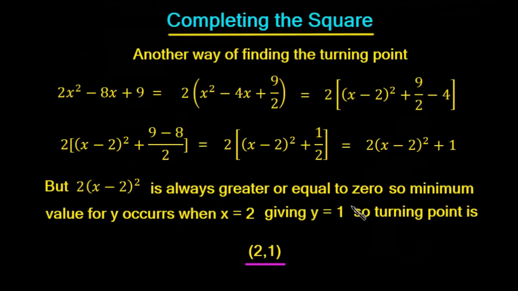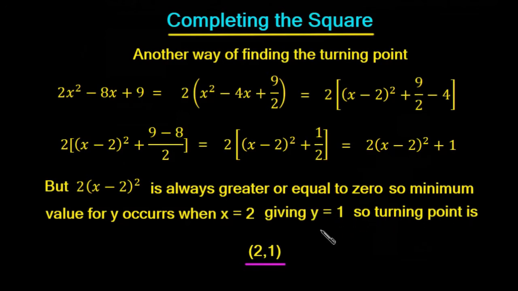So it means that we can find the minimum value of y by putting in a value of 2 for x. So that becomes 2 minus 2, which is 0 squared, and the whole thing becomes 0. So we'll just be left with y equal to 1. So we can see here that whenever x is equal to 2, the minimum value occurs at y equals 1.